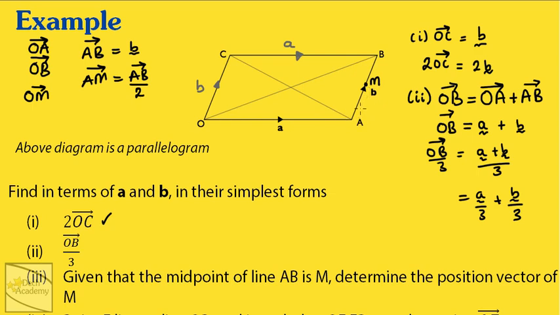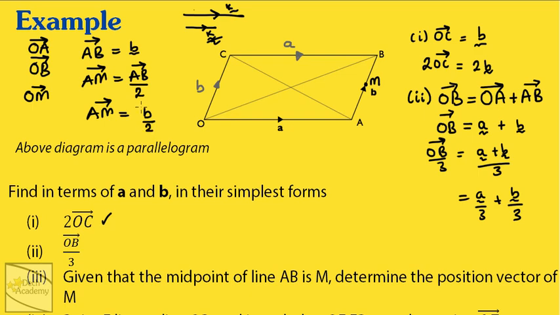It must be half of the vector AB. If you think about it, if this is a vector and this is half of the vector, if this vector is k, this vector must be k over 2. So it's that simple. So that means AM is simply the vector b over 2.